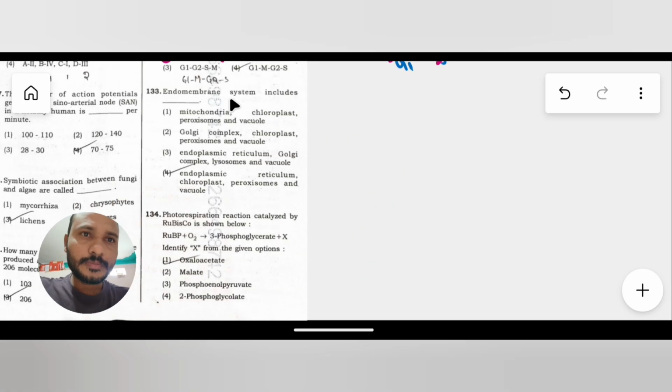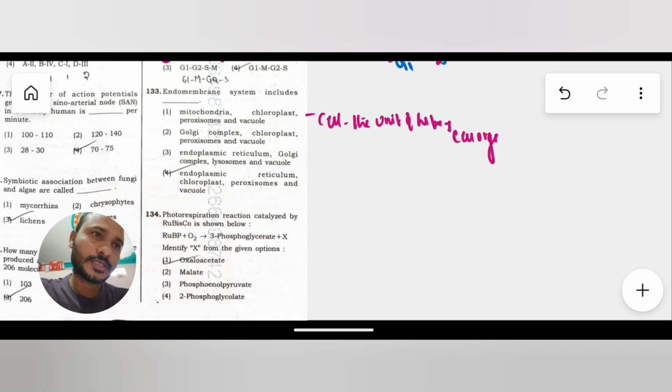Here the question asks: what does the endomembrane system include? These questions are framed from the chapter Cell: The Unit of Life, on cell organelles. First of all we need to know the endomembrane system.